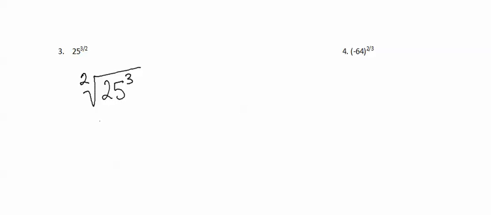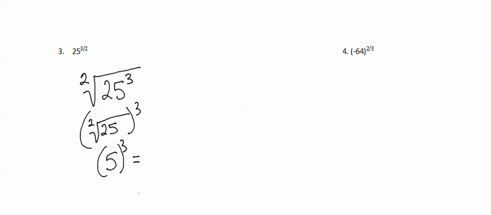Now you can actually manipulate this a little bit, and you can rearrange this and just take the square root of 25 and then raise that to the third power. You can switch it up and evaluate it individually. The square root of 25 becomes 5, and then I can raise that to the third. That becomes 125.